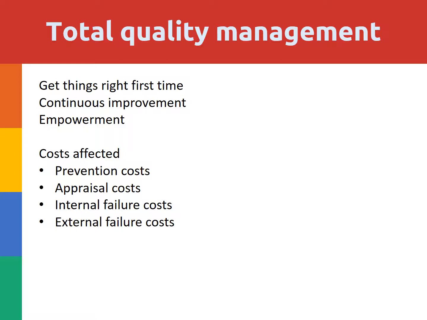External failure considers what happens if the errors get to the customer. This can be as simple as refunding or reworking mistakes, but can also include the damage to reputation and potential litigation. These costs can be huge, and so a company would generally prefer to spend money on prevention and appraisal to avoid failure costs.